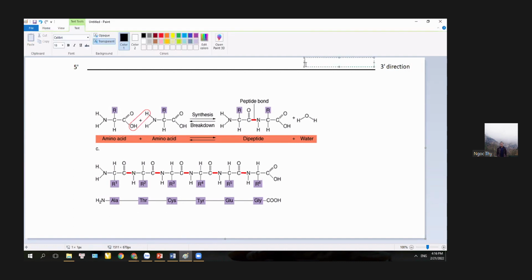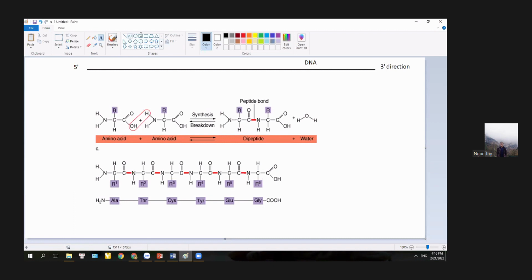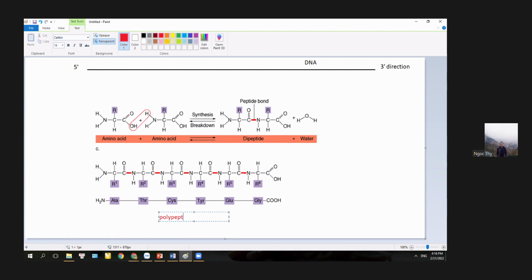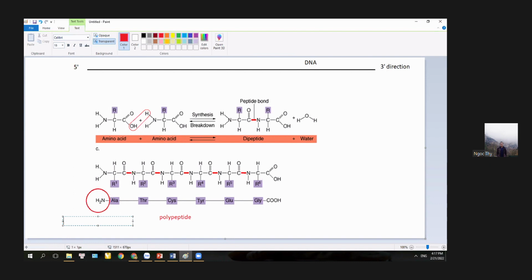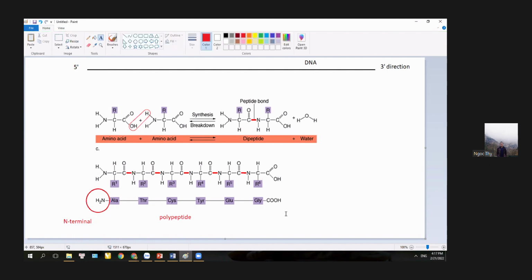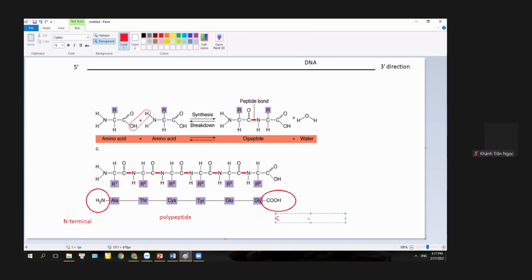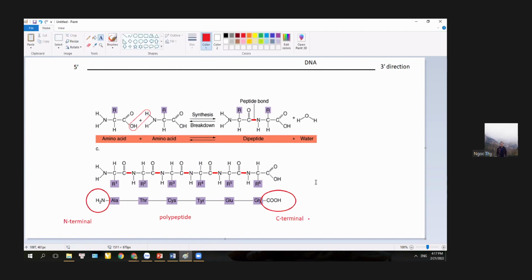Then in the polypeptide, we also have the amine group, or the N terminal, and the C terminal, the carbon terminal, of the amino acid sequence.